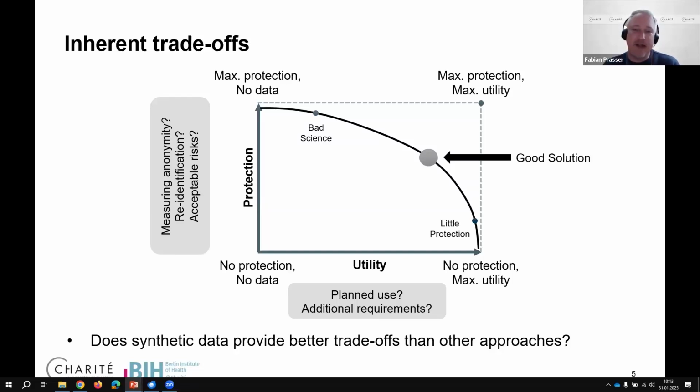And in the synthesization space, for example, this can either be done by the model itself when it is being learned from the data, but there are also approaches where you can give hints to the learning or model generation process on what specific properties are particularly relevant. And it's also an interesting question to study whether synthetic data actually provides a better trade-off than other approaches, right?